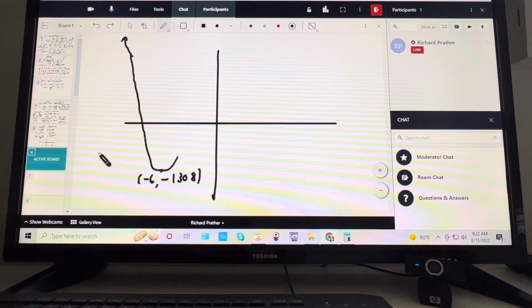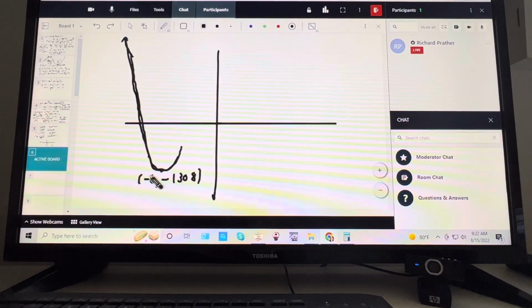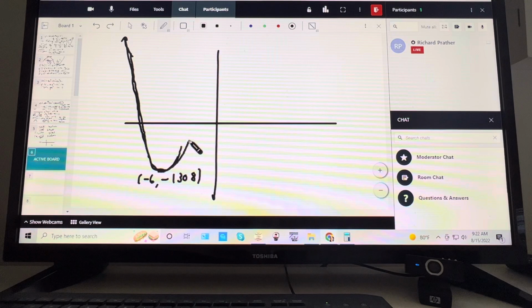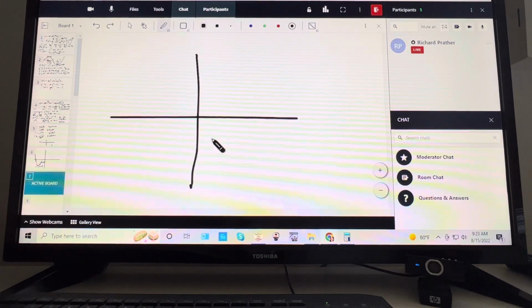And this entire portion of the graph is concave up so far. It's still bending in an upward fashion until we get to (-1, -308). Something like that. There's -1, -308. Let me do this a little better now that I know where I'm going, because we do have to hit (0, -12) also.